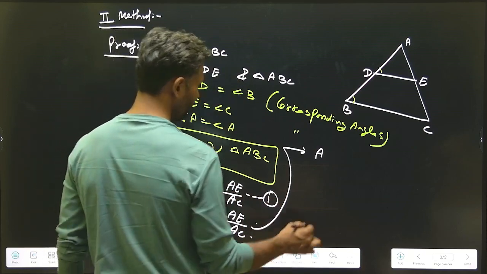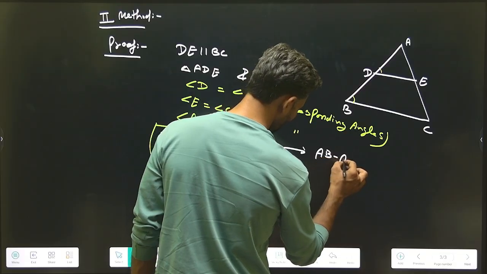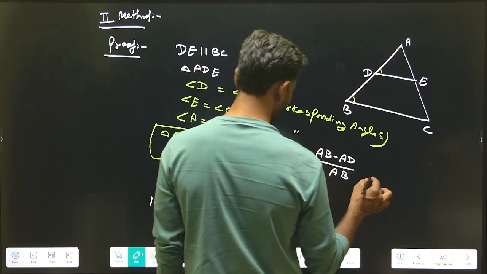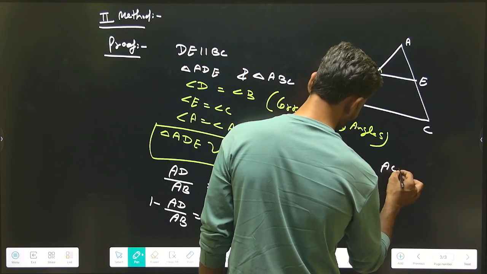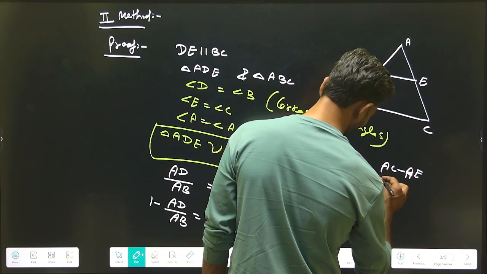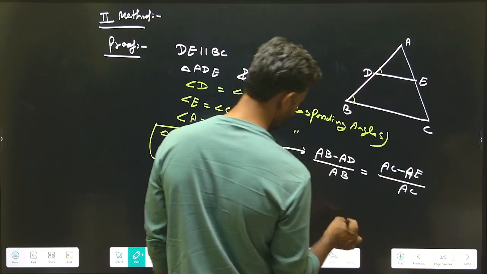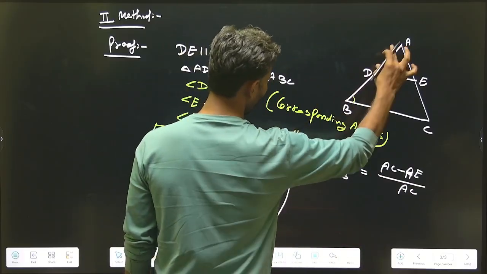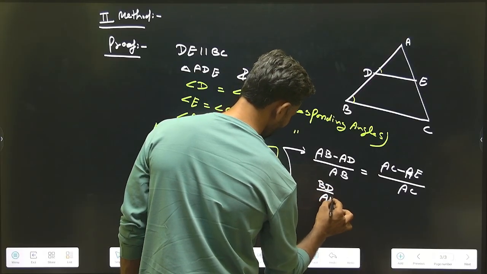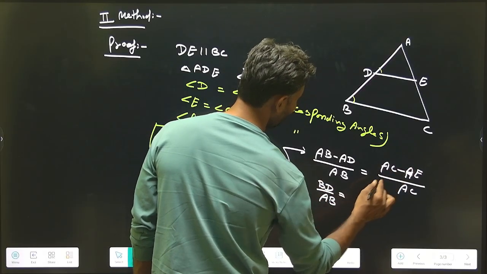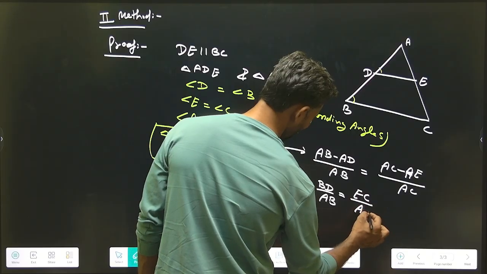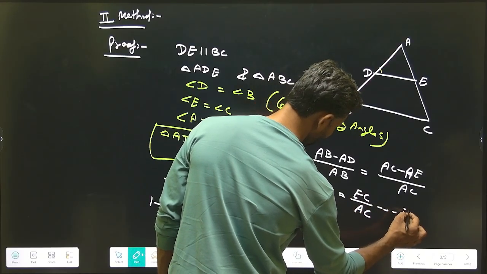By taking LCM, AB minus AD upon AB is equal to AC minus AE upon AC. AB minus AD becomes BD upon AB, and AC minus AE becomes EC upon AC. This is equation number 2.